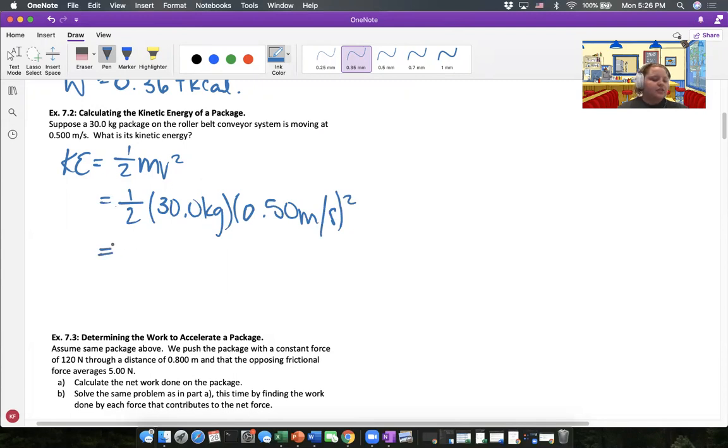And so we plug that into our calculator and we get 3.75 joules. So here is the kinetic energy of the package.